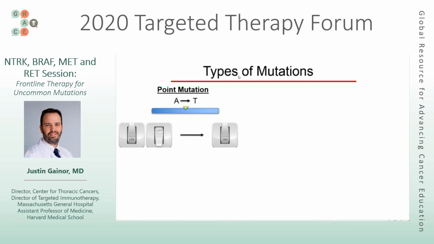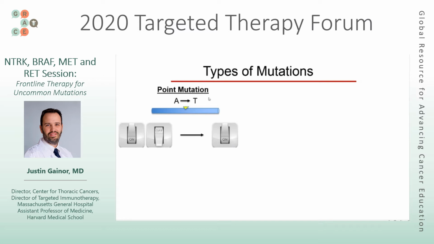So I wanted to briefly talk to you a little bit about the different types of mutations, because the 4 genetic targeted therapies we're going to talk about today involve different types of mutations, and sometimes the naming that we use for many of these gets confusing, and I thought just providing that background may be helpful.